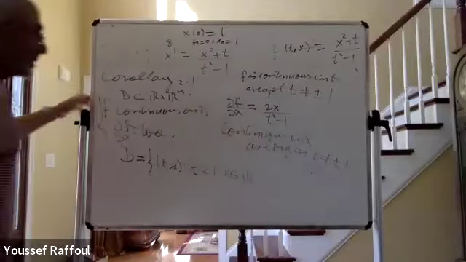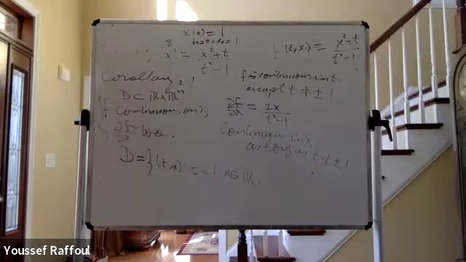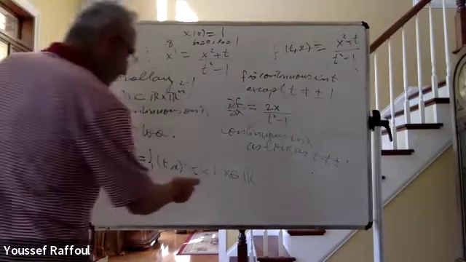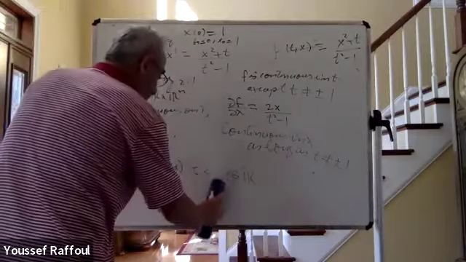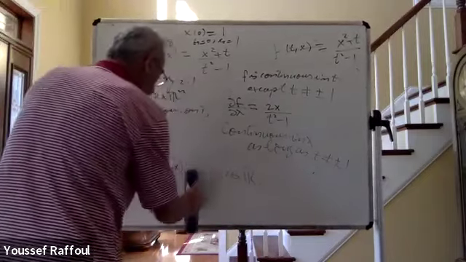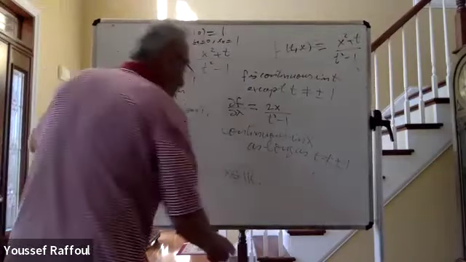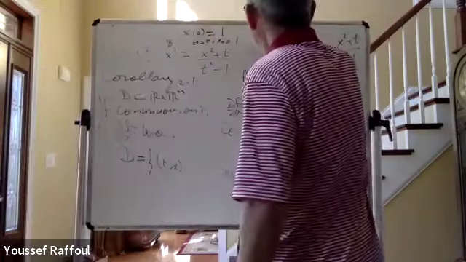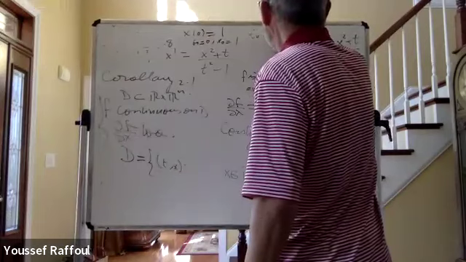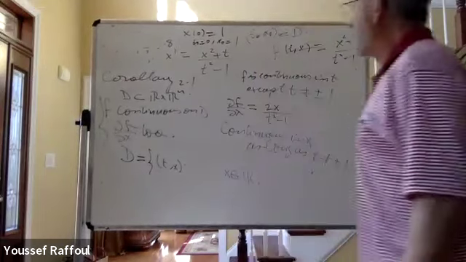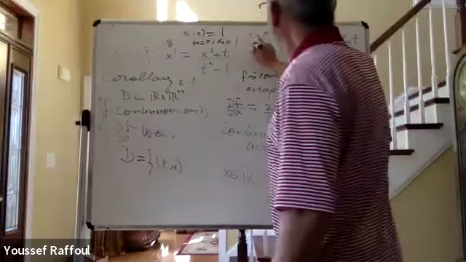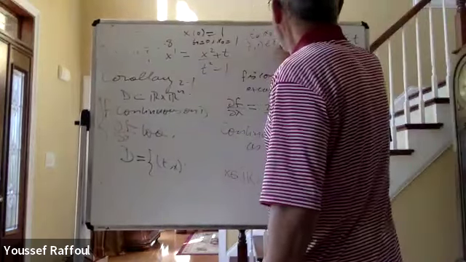Remember, we have x of 0 equal to 1. So your region, t is less, this is not true. This is false. Because you see, you want (t0, x0) to be in D. So that point has to be in D. That means (0, 1) has to be in D.